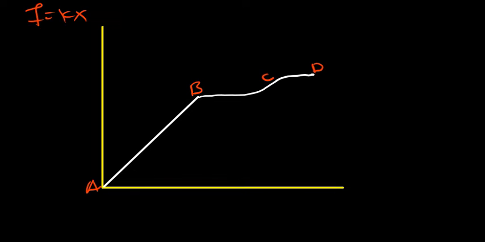So from point A all the way to point B, this part obeys Hooke's law. Hooke's law only obeys when it is linear. From point A to B, that is only Hooke's law. That point is what we call the elastic limit.